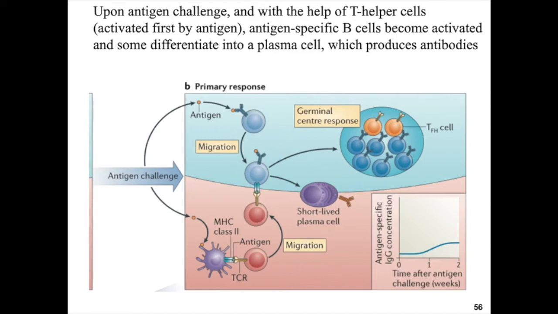But note that the B cells can also help the T cells by presenting antigens to them. Once we have an activated B cell, the cell transforms itself into what's called a plasma cell. The plasma cell produces antibodies.